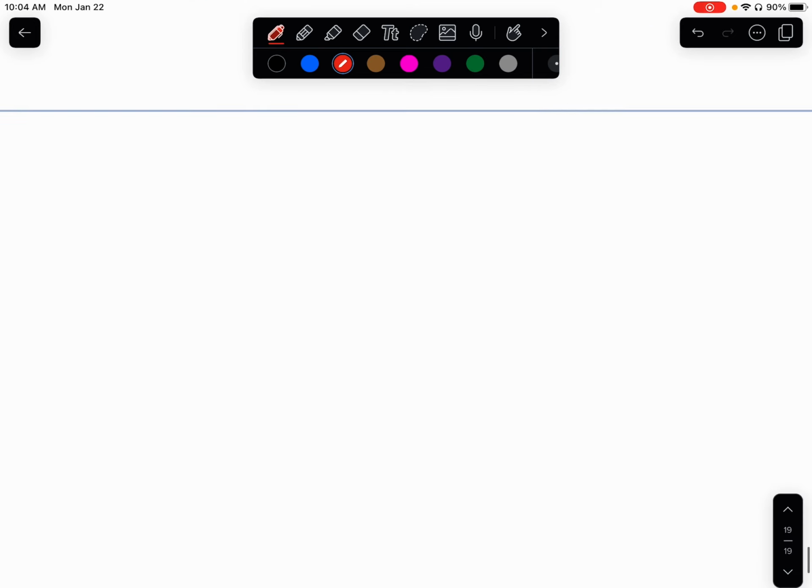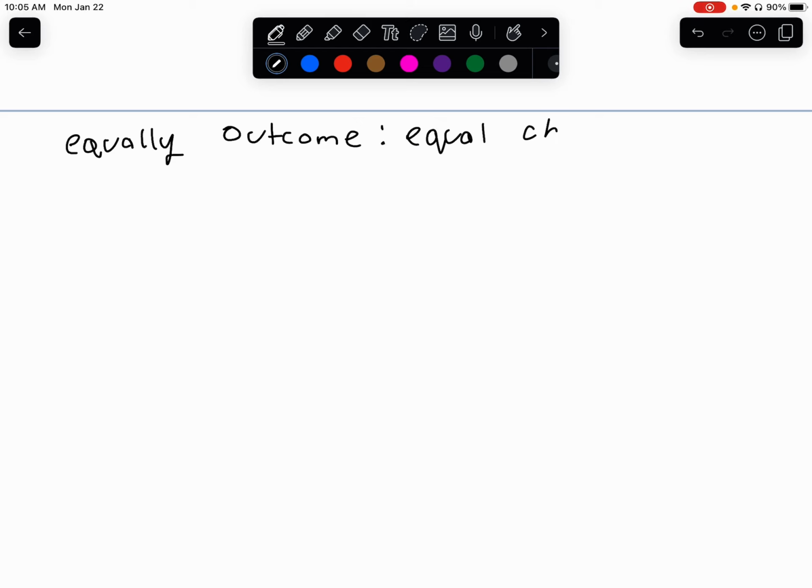All right, as we move on, we have one more thing, which is equal outcomes. Let's say equally likely outcomes of an experiment. Equal outcomes is defined as having an equal chance to occur. An example of this is tossing a coin.